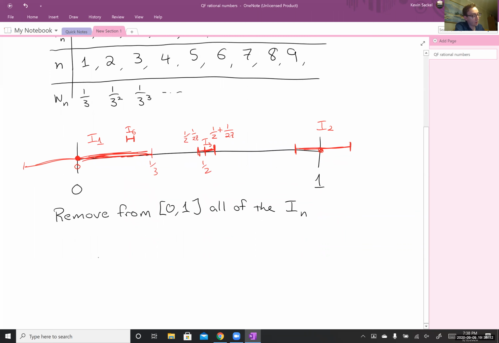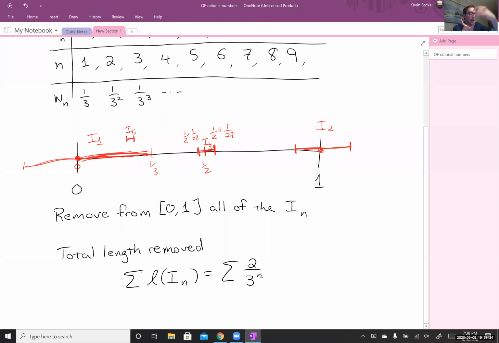If I think about the total length that I've removed, that's just going to be the sum of the lengths of the I_n's, which is the sum of, and the length of I_n is 2 over 3 to the n, right? It's an interval where I have some rational number, I go 1 over 3 to the n to the right and 1 over 3 to the n to the left. And if you know about geometric series, this sum from n equals 1 to infinity is just equal to 1.